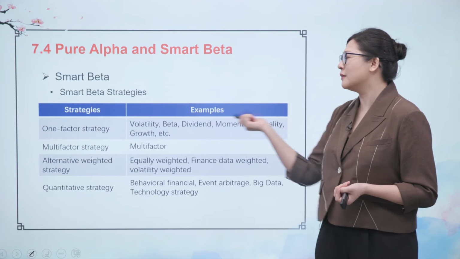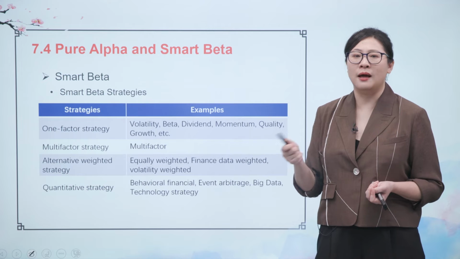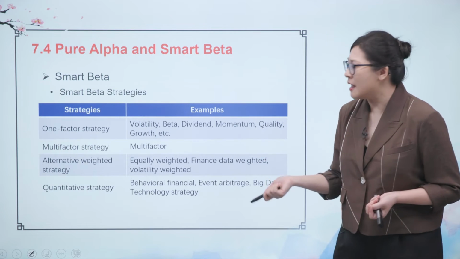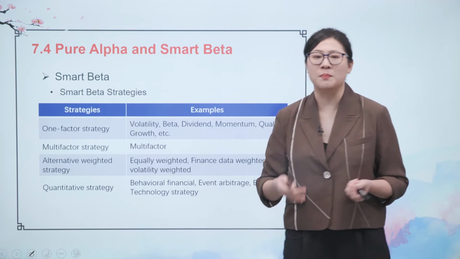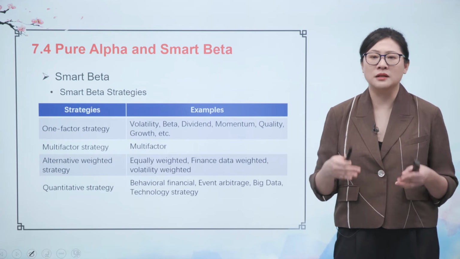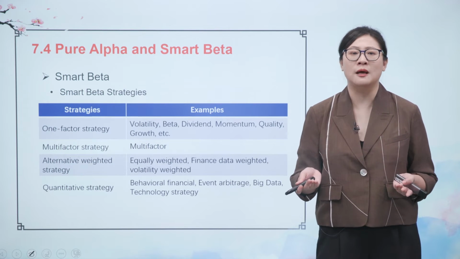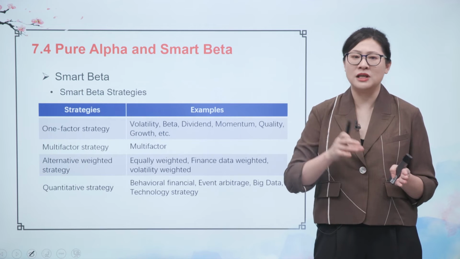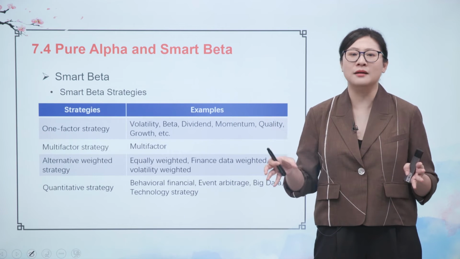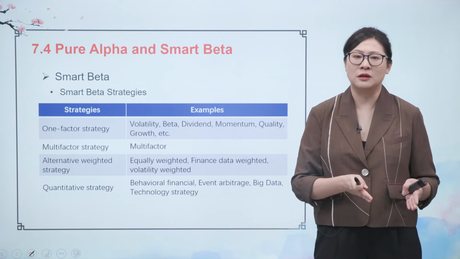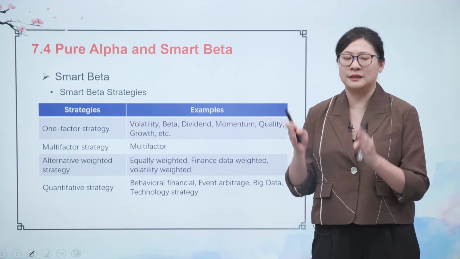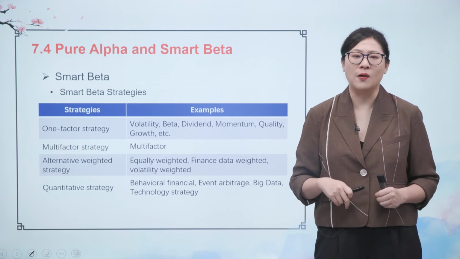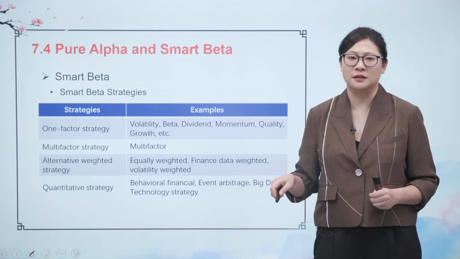These are the factors you can choose, also the style risk factor. The second strategy is the multi-factor strategy. This is based on multiple factors together to decide which weight and which stocks we need to select in our smart beta portfolio. So that's the multi-factor strategy.